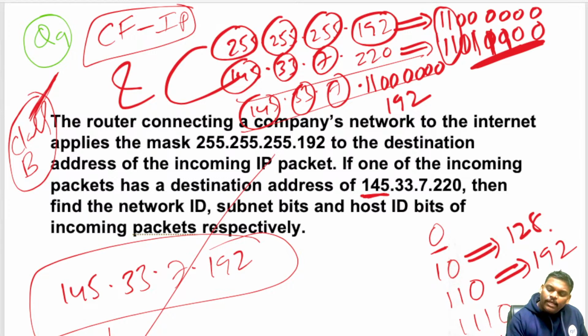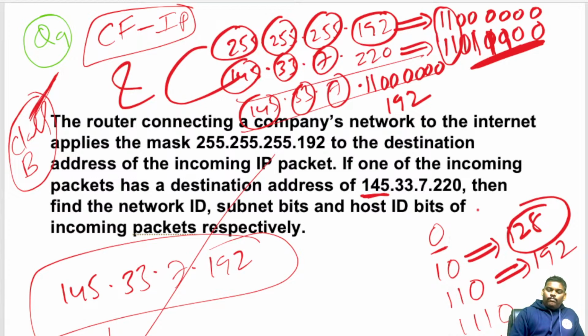So class B is up to 191, and class A is 0 to 127. Everyone knows this.